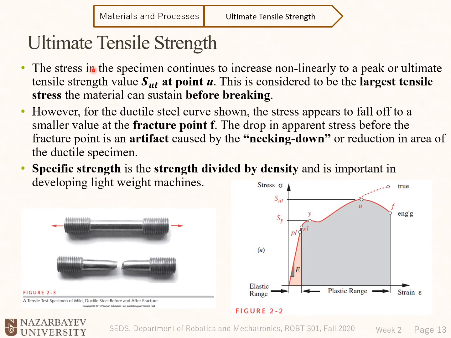The stress in the specimen continues to increase. So this is the stress, yes? So we are on the ultimate tensile stress test. If you go beyond the elastic point and move to the plastic region, the stress in the specimen continues to increase non-linearly.